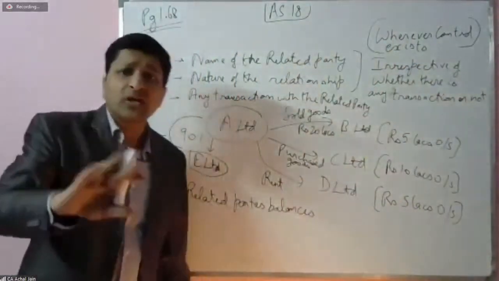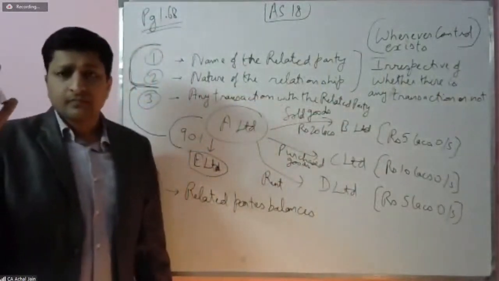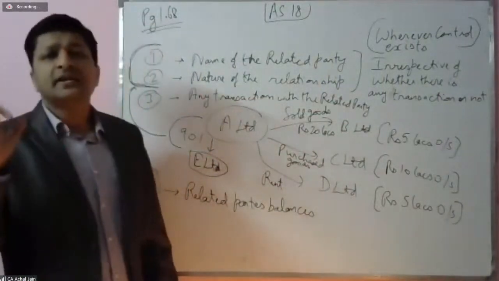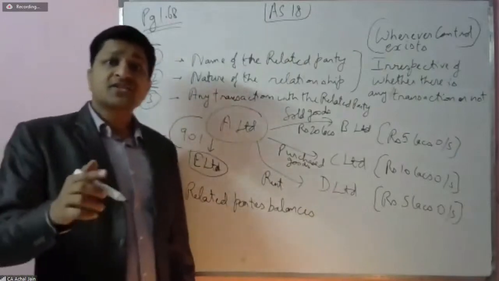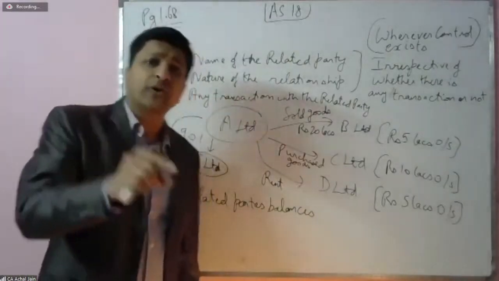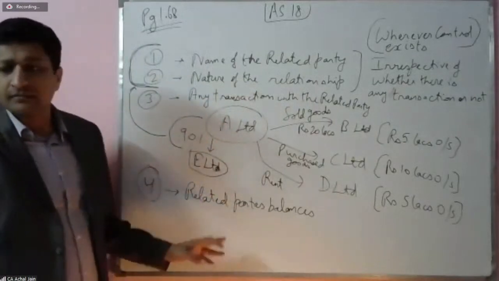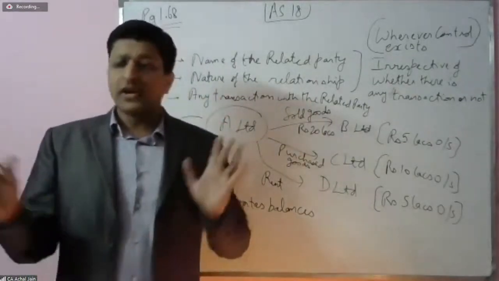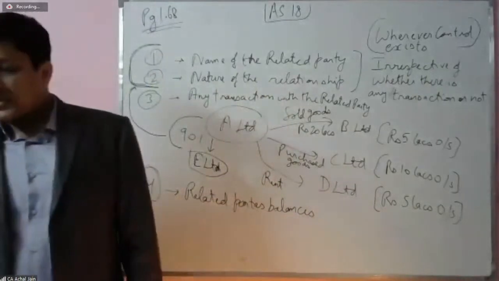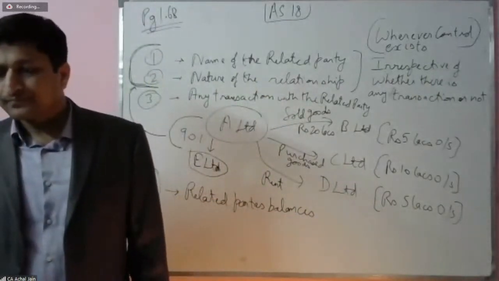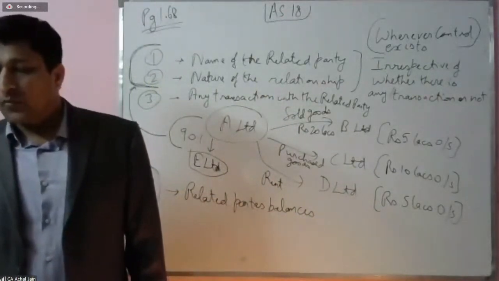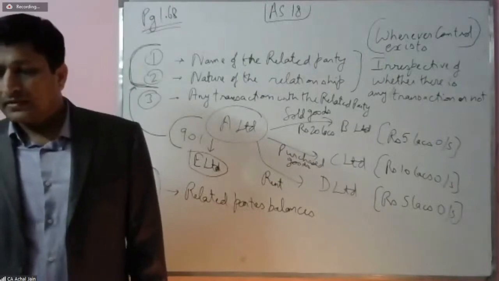In case control doesn't exist and the party is a related party, then in such case disclosures will be given only when there is a transaction or there is a balance. Fine? Clear on this aspect? We can now move on to another illustration.